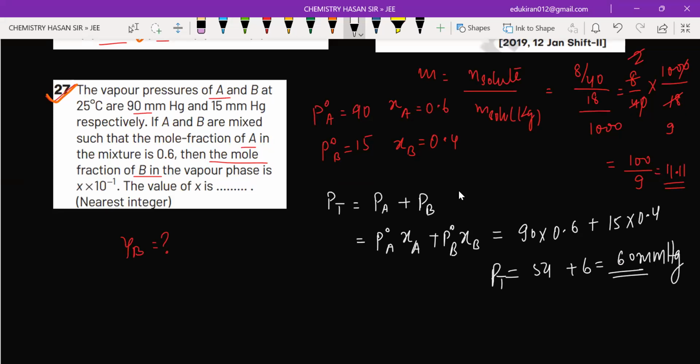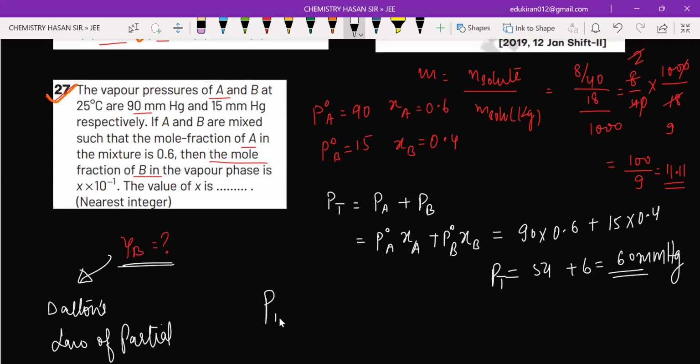Now you need to calculate the mole fraction of B in vapor phase. Here we are going to use Dalton's law of partial pressure. What does it say? It says that partial pressure of any gas is equal to mole fraction of that gas, basically in vapor phase, into total pressure.